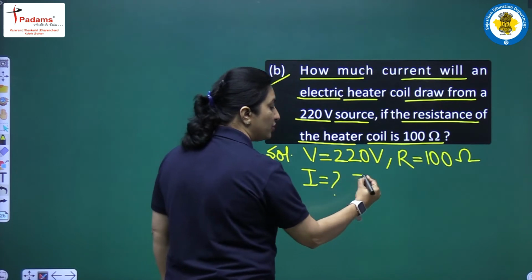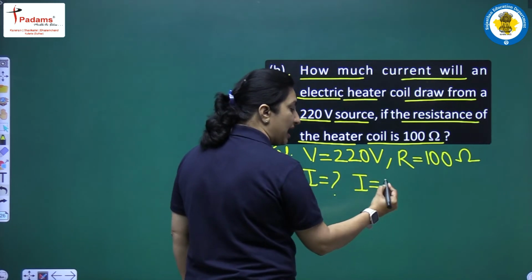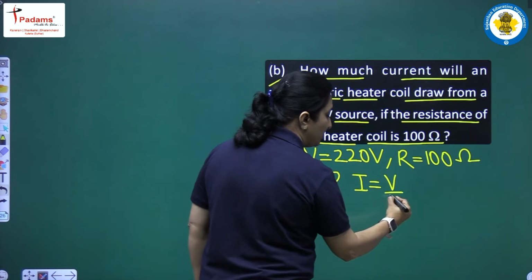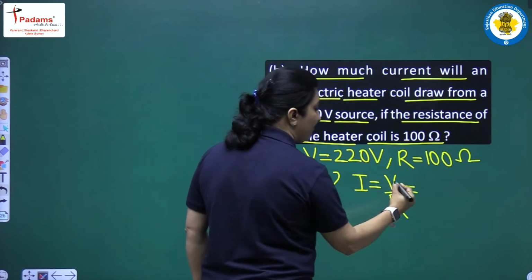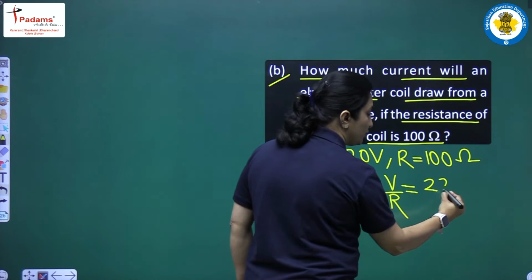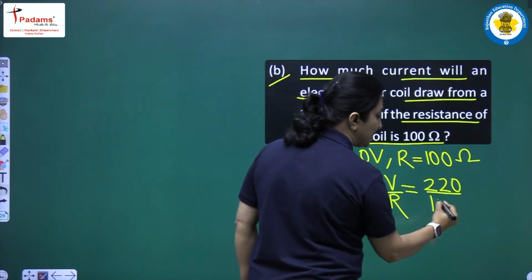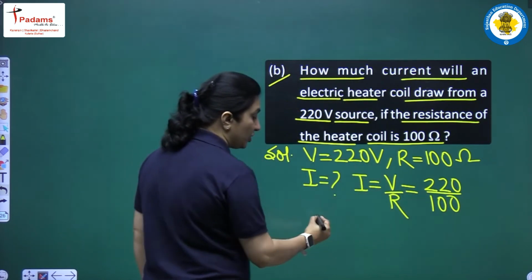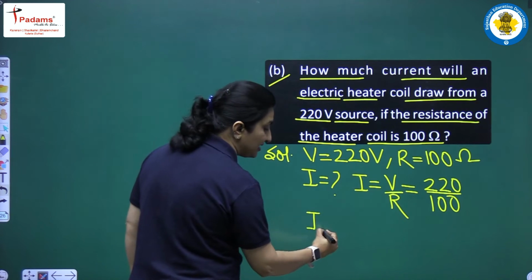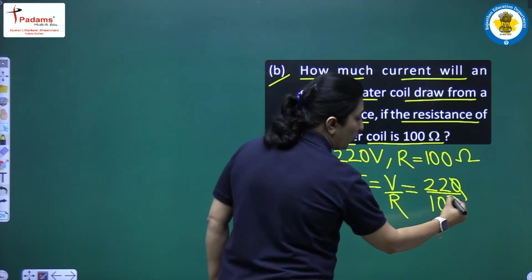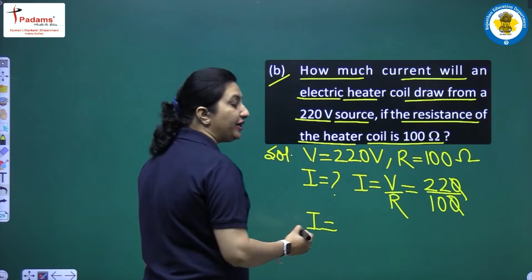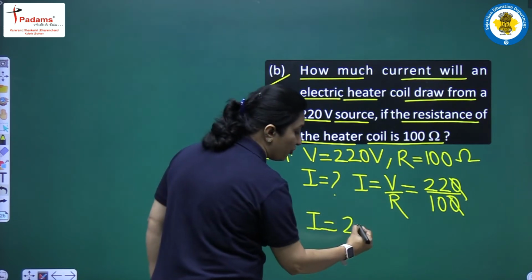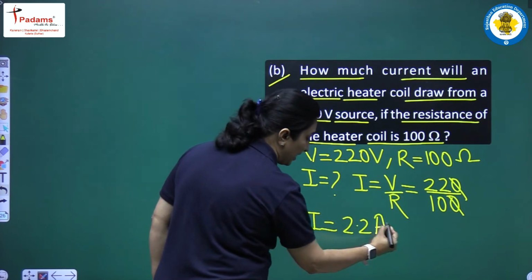So again we will use the formula V is equal to IR. So I will become equal to V upon R, and V is again 220 volts and the resistance is 100 ohms. So the current is now, this 0 will cancel this 0, and if I divide 22 by 10, I'll get 2.2 amperes.